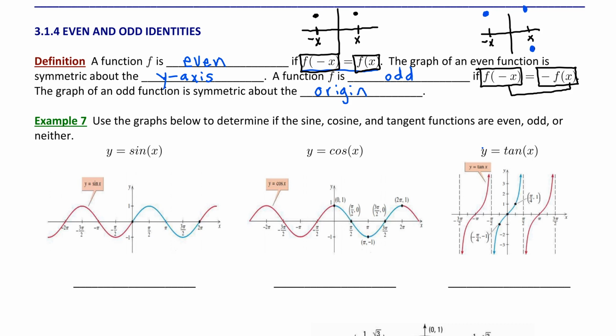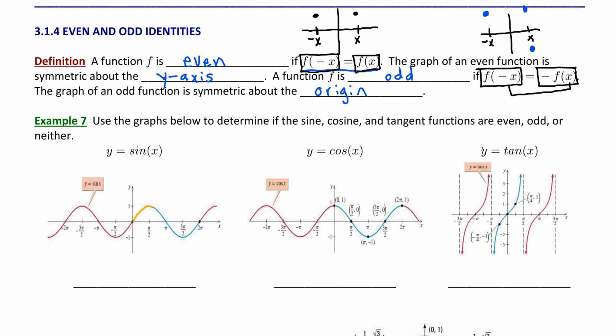Now, for a function to be symmetric about the y-axis, I have to see mirror images on either side of the y-axis. So if I take the graph of the sine wave to the right and I reflect it across the y-axis, its mirror image would look something like this. Because that's not the graph on the left side, we know that sine of x is not even. It's not symmetric about the y-axis.